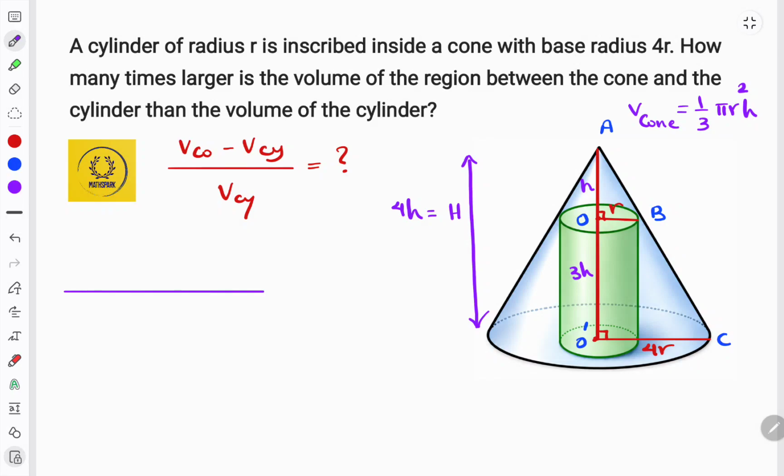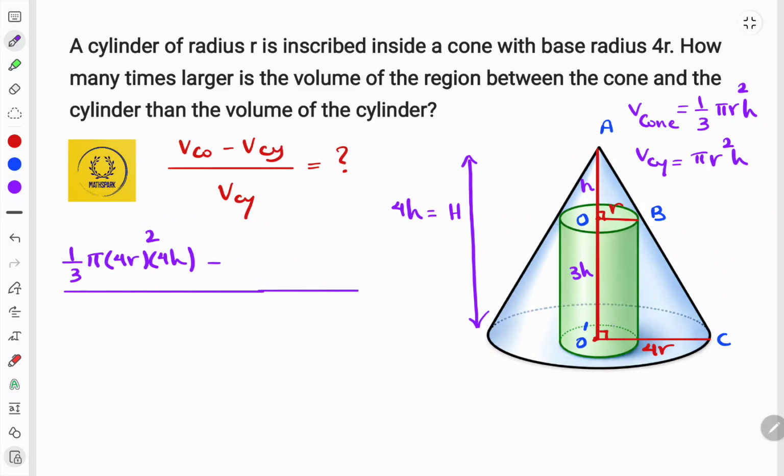For the cone we have 1/3 pi, r for the cone is 4r squared, times h, and h is 4h, minus the volume of cylinder, which is pi r squared h. r is the radius of the base and h is the height of the cylinder.